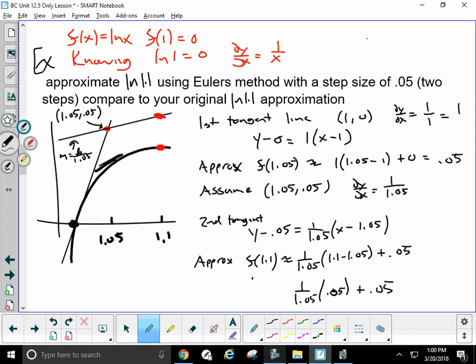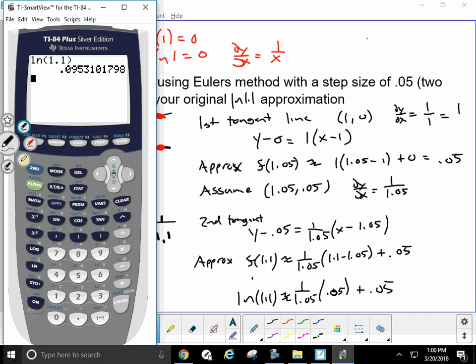I know this is going to produce a better approximation than my original tangent line approximation, just using one tangent line. We can go into a calculator and see.